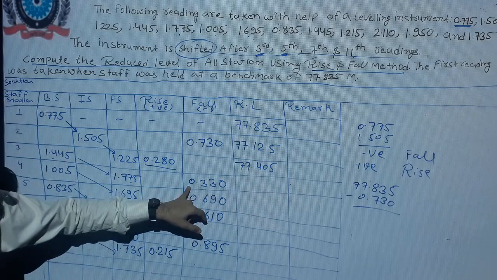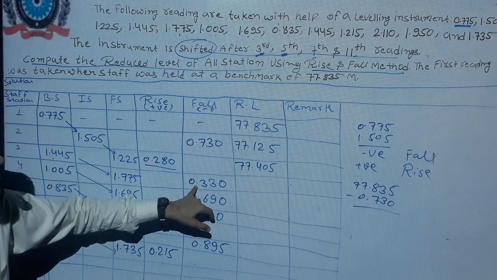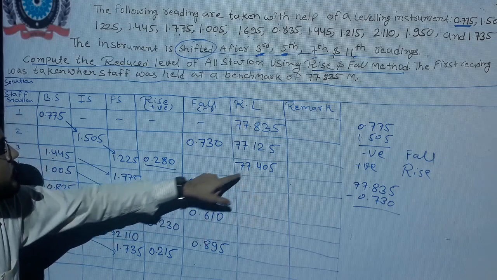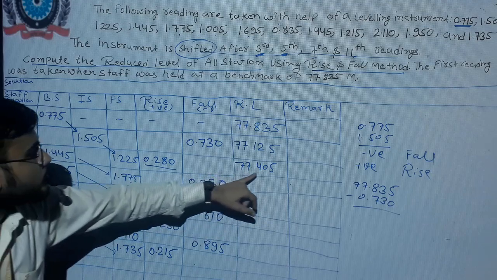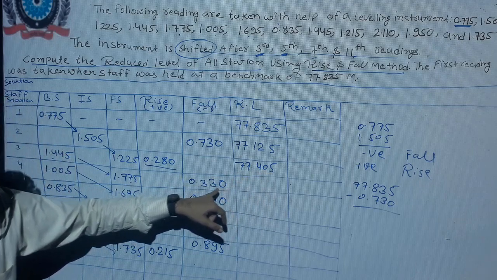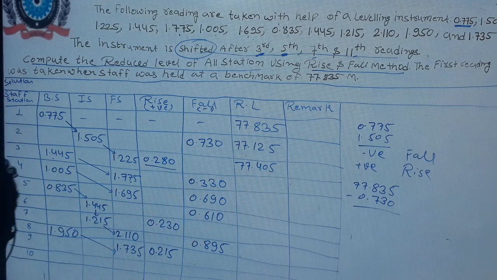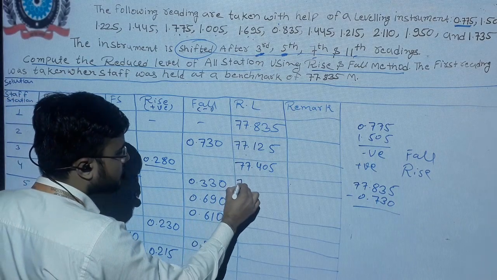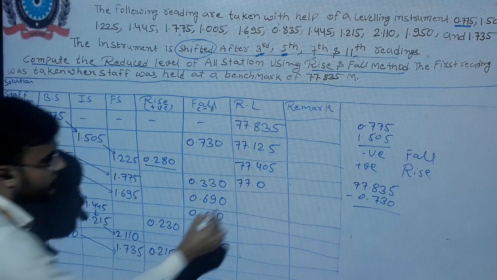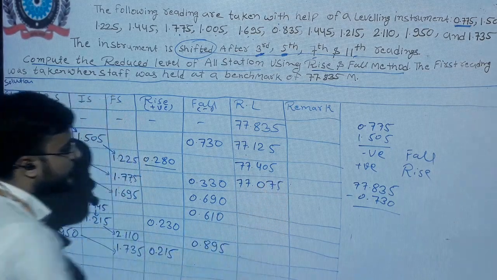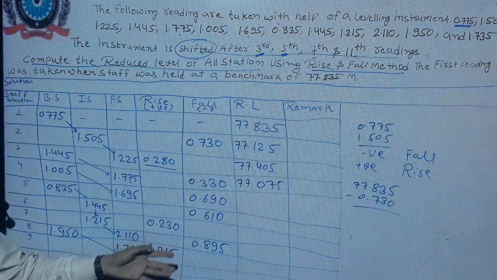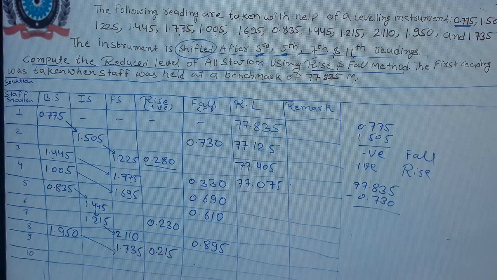Again for the next point here, fall. So you have to subtract from the new RL 77.405 minus 0.330. It will give you the result 77.075. Similarly, we can complete all the RLs with the help of the new RLs.